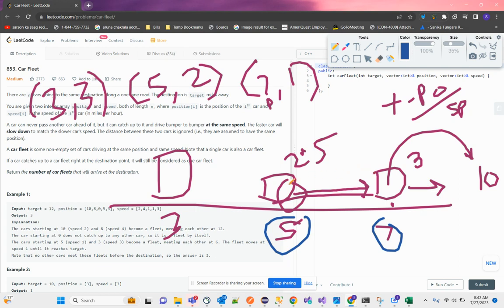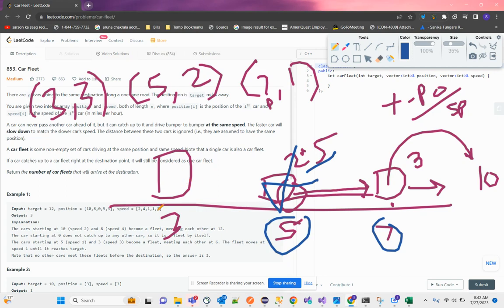And that is how this car is going to intersect and become one car fleet, and at some point of time it is going to get the speed of 1 which this car has, and then it reaches that particular destination. So in this mathematics, I just wanted to let you know that whenever there is a less time than the ahead time, we are going to remove that car, because at some point of time it is going to collide with the ahead car.